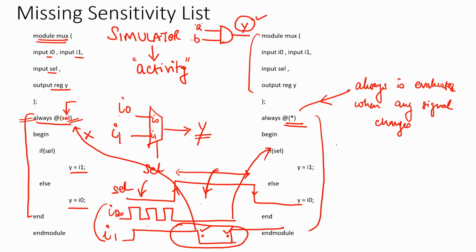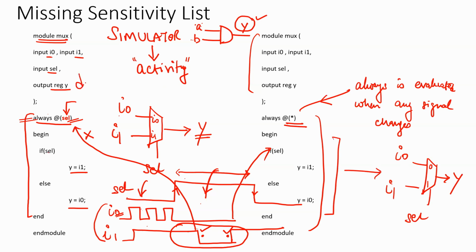The synthesizer is going to look at the functionality here. And in synthesis, you will see a mux, which is what we intended to create. So here the changes in I1 will be immediately seen in Y. So simulation will behave as if it is like a double-edged flop.